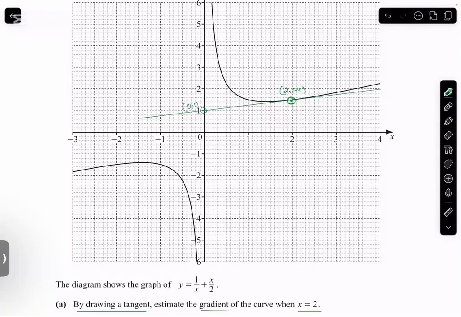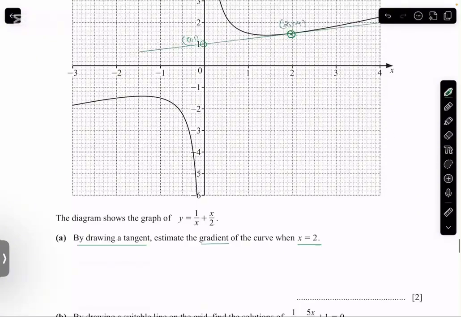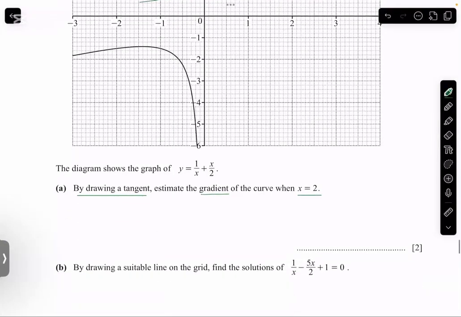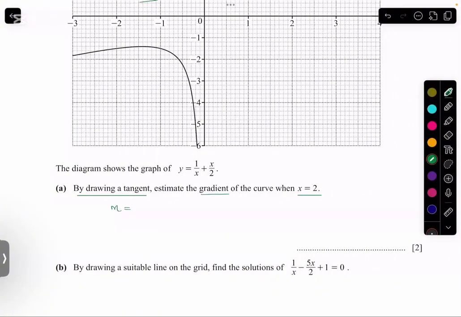So after drawing the tangent, I need to have the gradient of this curve. So to get the gradient here, I should say that this is my m, which equals y2 minus y1 over x2 minus x1.